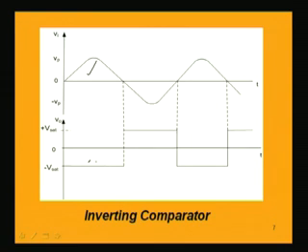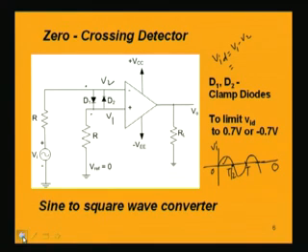When the input voltage Vi is in the negative half cycle, as this is now negative, this diode D2 will be conducting, because it is now forward biased. D2 conducts means 0.7 volt in this polarity, positive here and negative here.